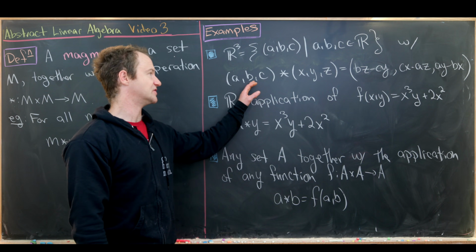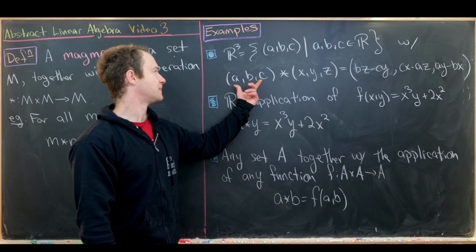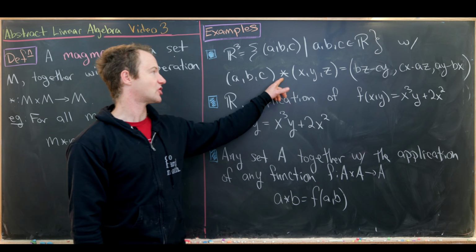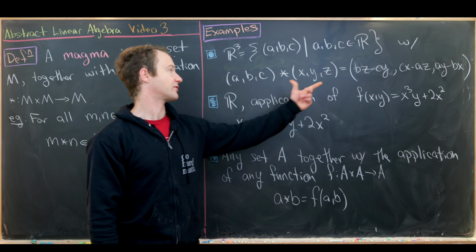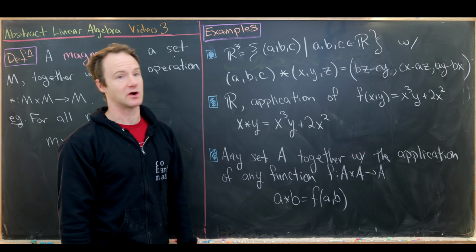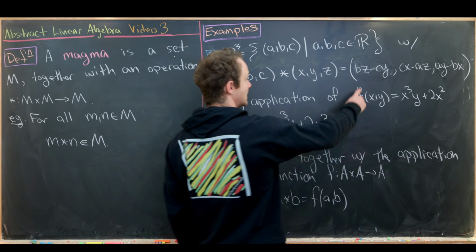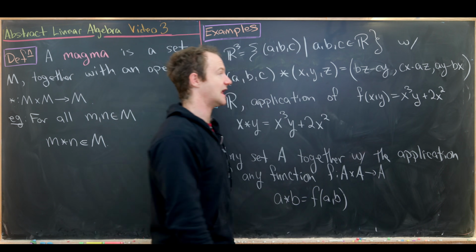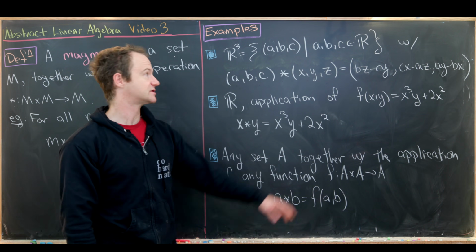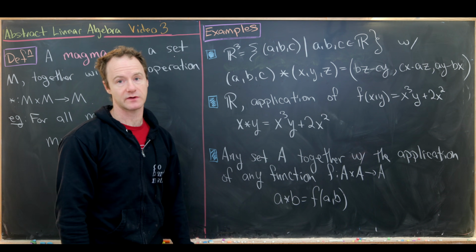And then our operation is defined as follows. (a, b, c) star (x, y, z) takes an element from R3 and combines it with an element from R3, and that will give us (bz minus cy, cx minus az, ay minus bx). So that's another element from R3.